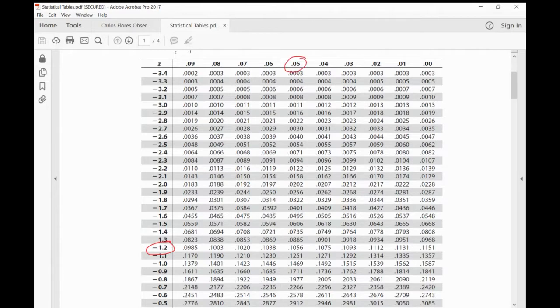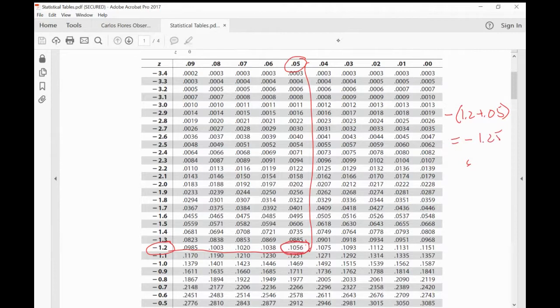If you look right here, that's a 0.05. What I'm looking for is where do those two meet up? Because in essence, what I'm doing here is I'm taking negative 1.2 plus 0.05, which leaves me with a negative 1.25.